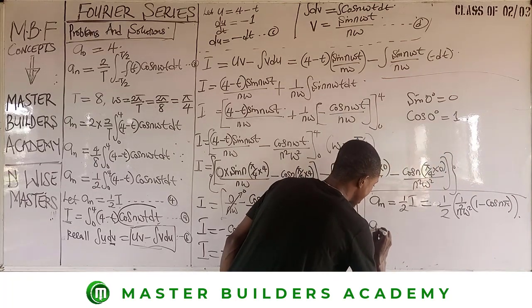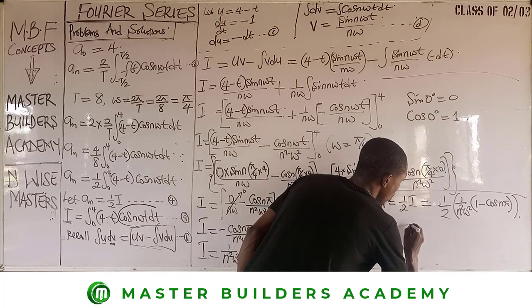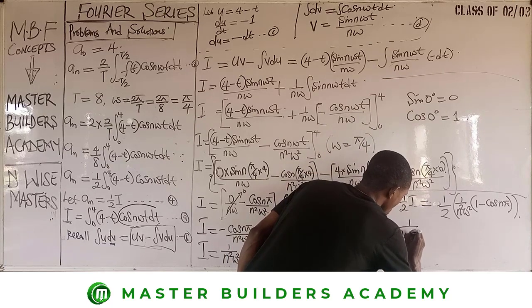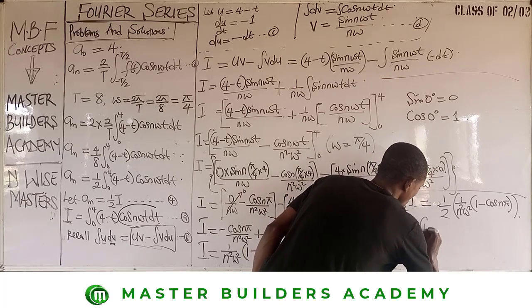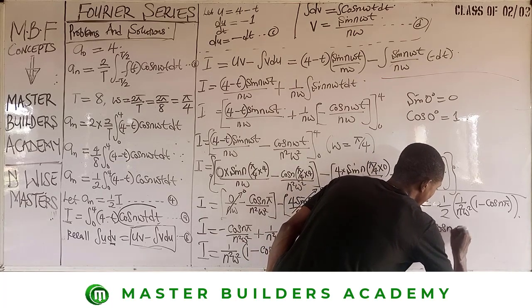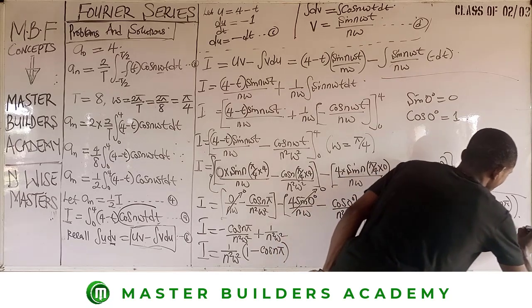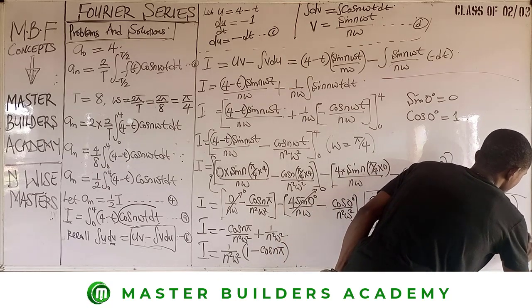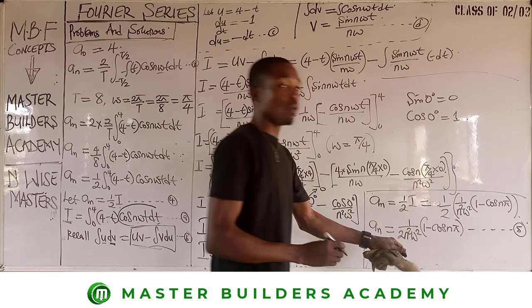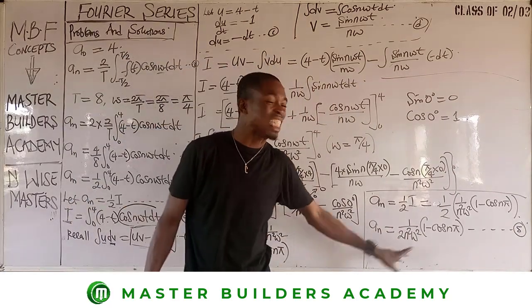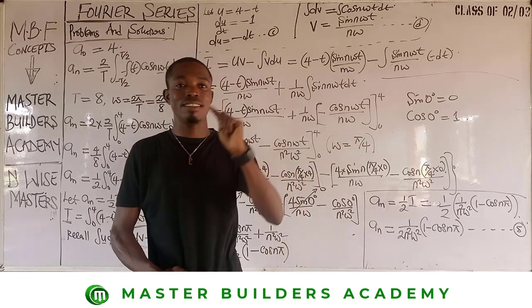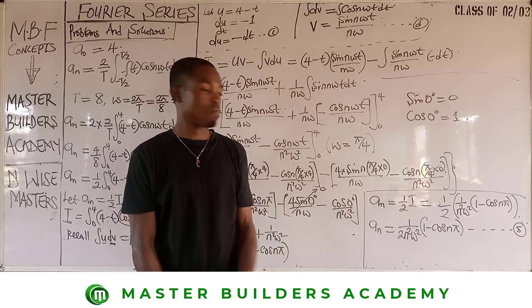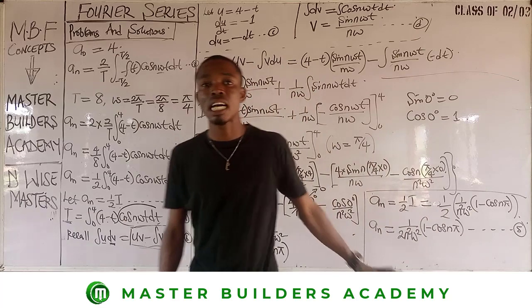So if we further this, an becomes 1 over 2 n squared omega squared 1 minus cos n pi. This is the model. So this is now the equation for our an, or a subscript n.